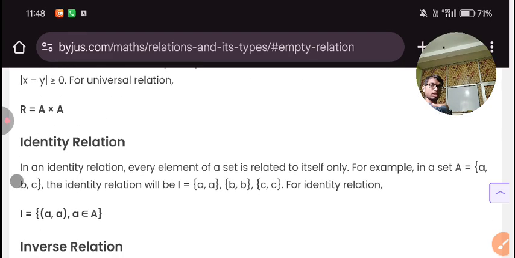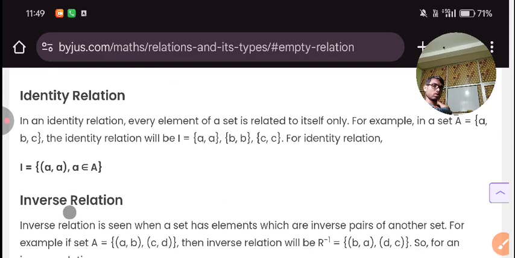Identity relation. In identity relation, every element of a set A is related to itself only. For example, in a set A equals {a, b, c}, the identity relation would be (a, a), (b, b), (c, c).